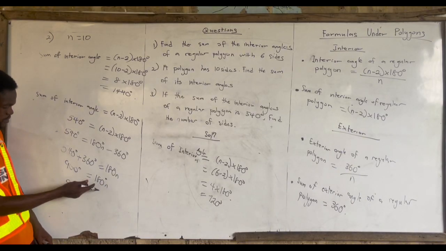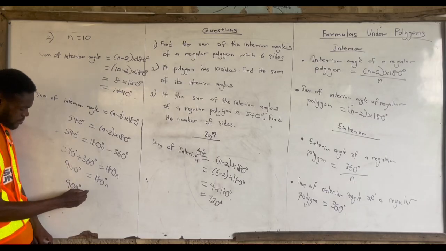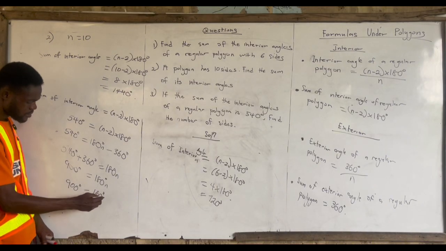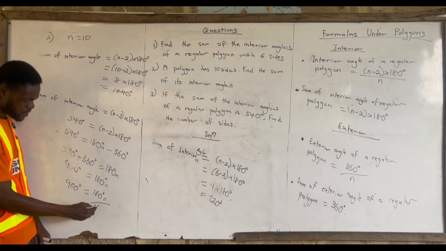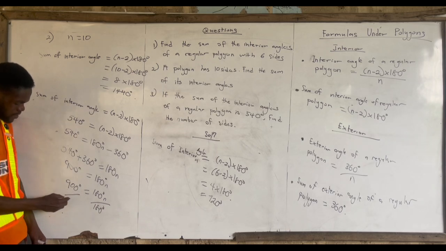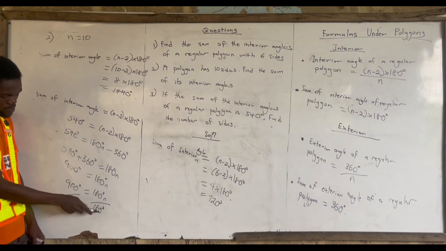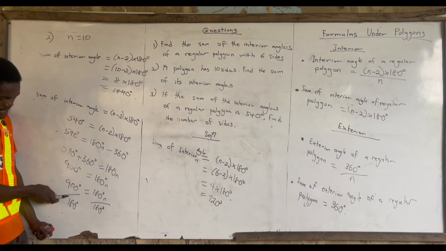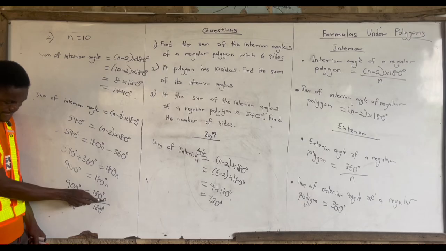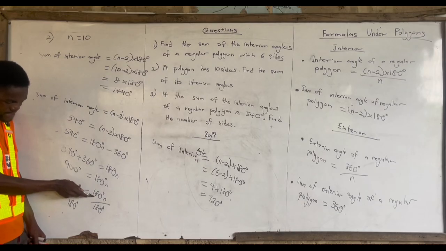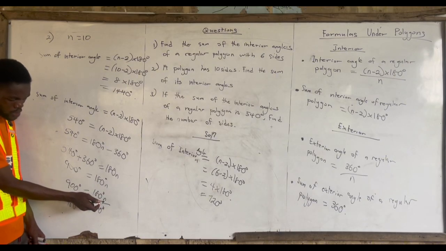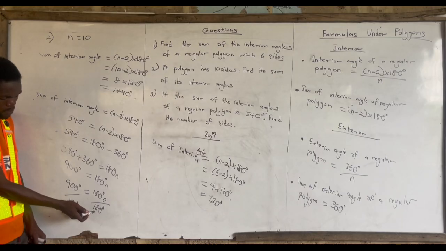So you divide both sides by 180 degrees. The reason why we are dividing both sides by 180 degrees is that we want n, the number of sides. So 180 degrees is attached to n, so we have to divide by 180.